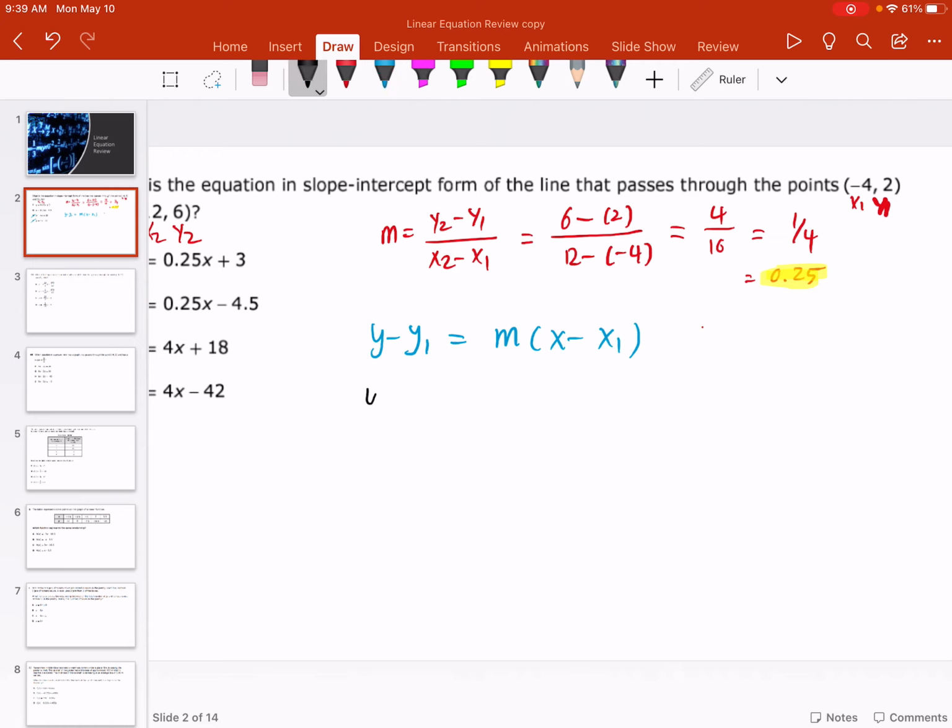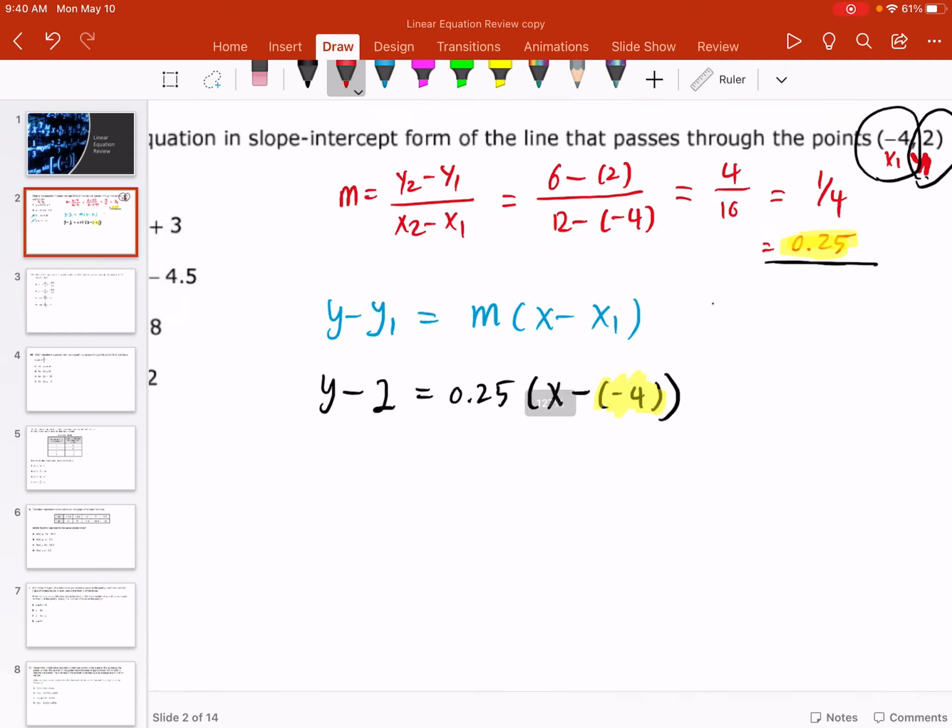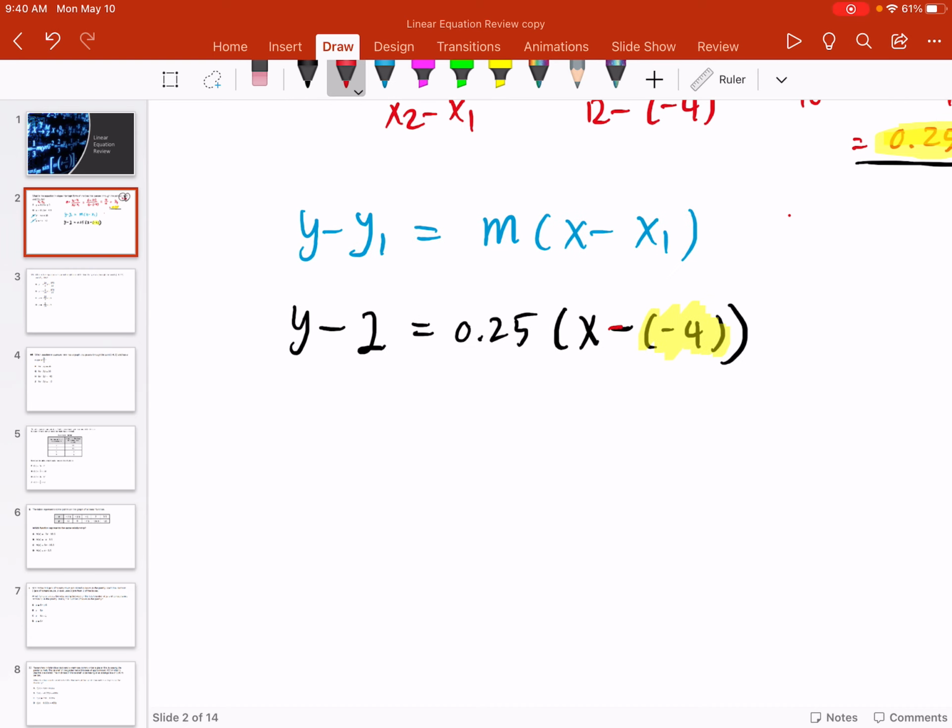What's the y1 in this case? 2, so I'm going to write 2. Slope, we just got it, 0.25, times x minus x1, which is -4. Remember, you should put parentheses with the negative one more time, otherwise it can be confusing. You see these two negatives will become positive. So keep that in mind.